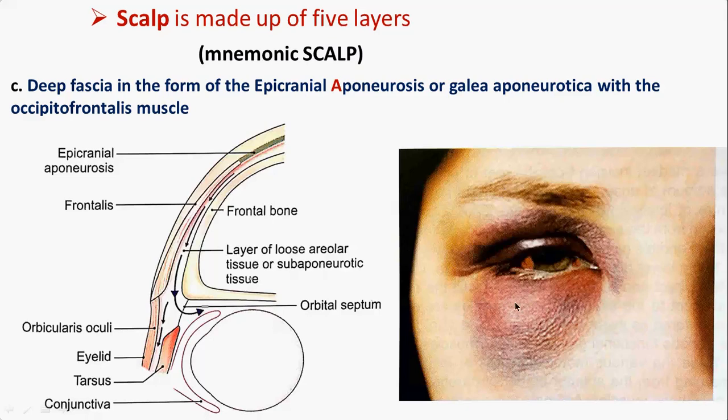Okay, so black eye means there is a swelling around the eye. This occurs because of accumulation of fluid below the epicranial aponeurosis. So this is the applied anatomy. Okay, this figure you can draw.